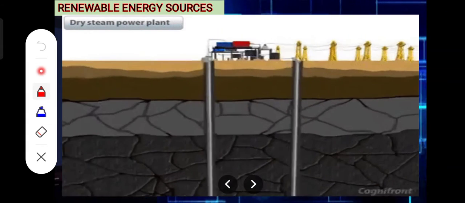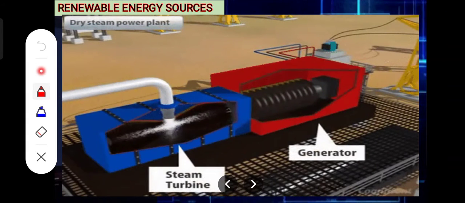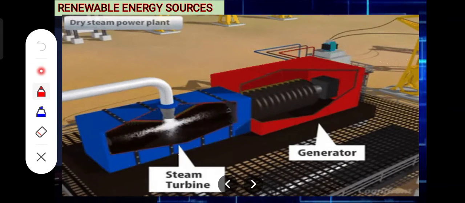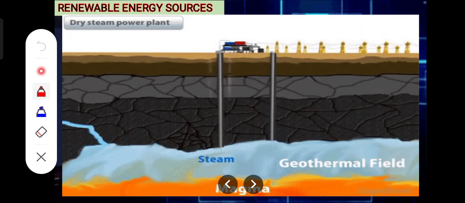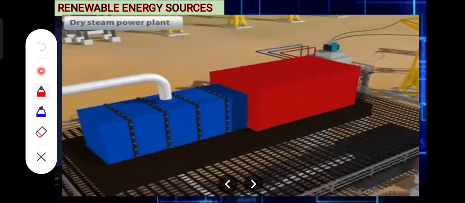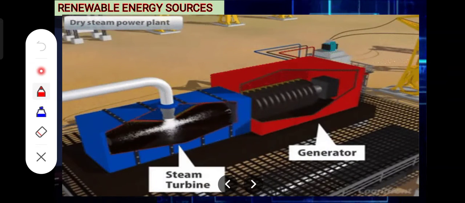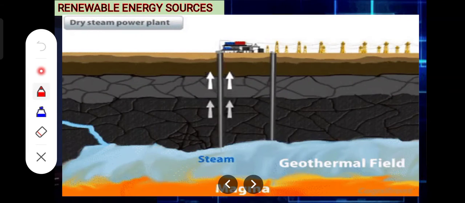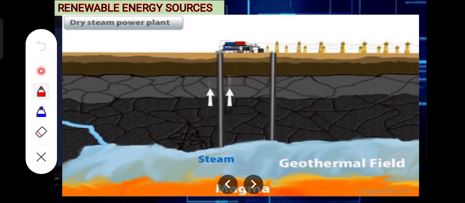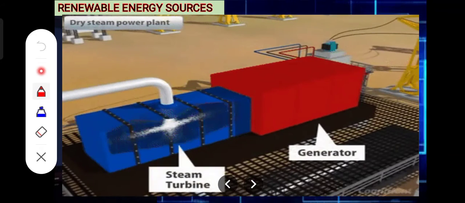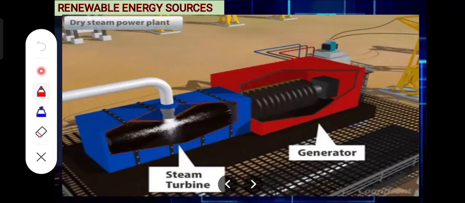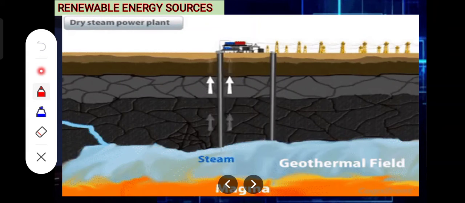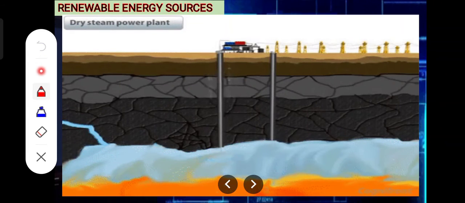So, as we can see in geothermal energy, there is a high temperature inside the Earth's crust caused by the slow decay of radioactive particles. Groundwater will be heated up by the hot rock, which will later produce steam. The steam moves the turbine. The rotating turbines run the generator.